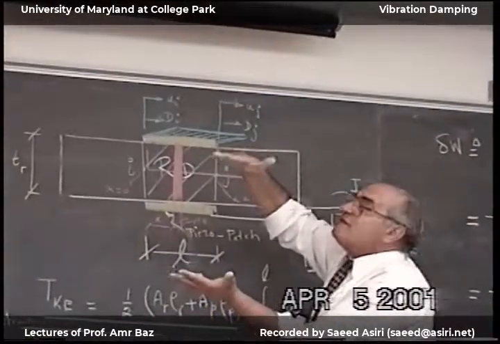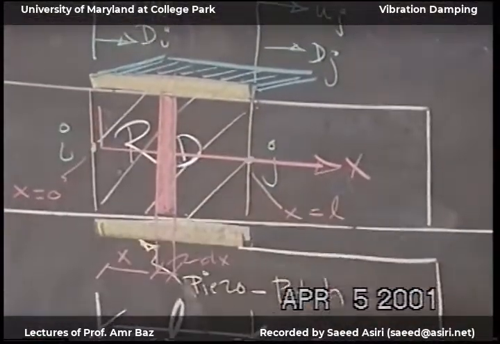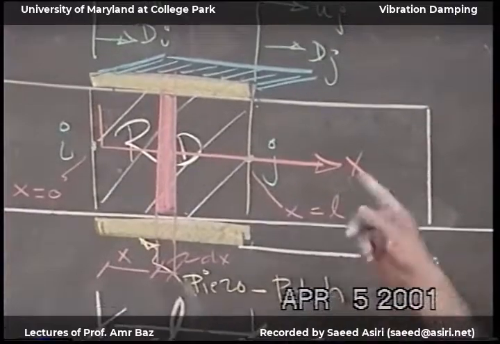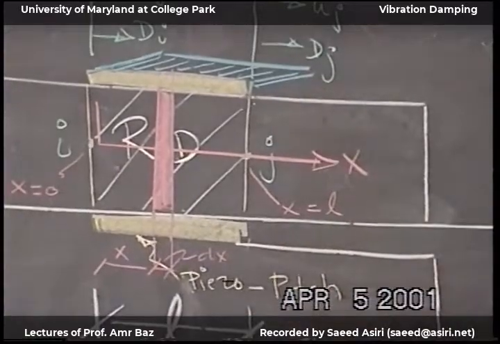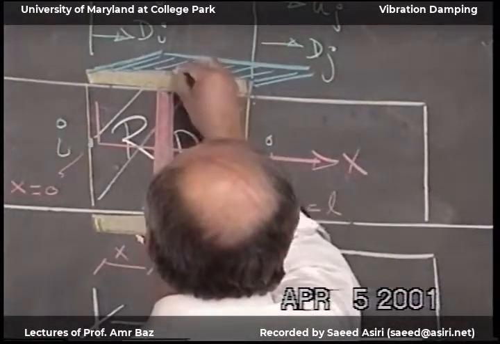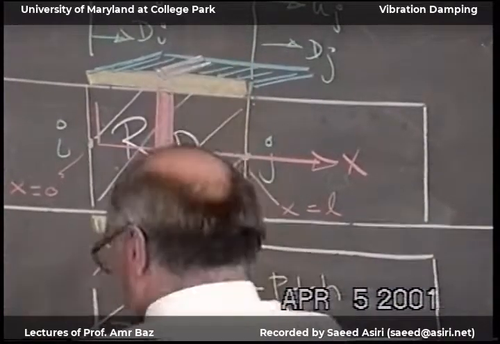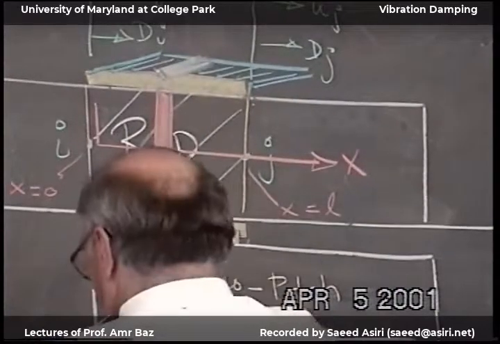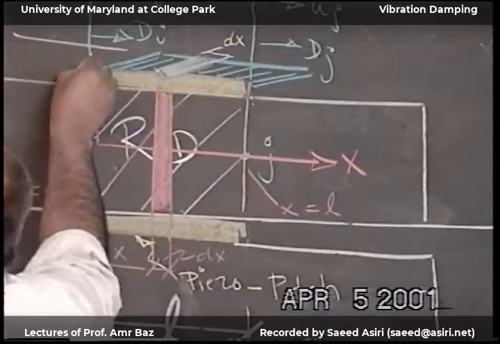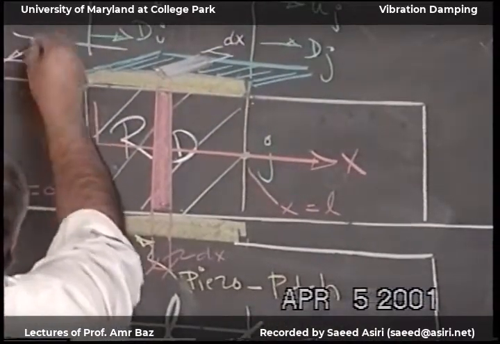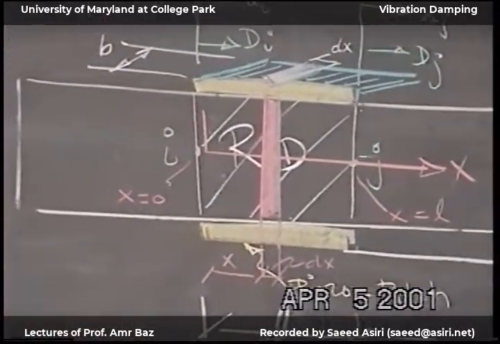The charge that we have is per unit area of the piezo surface, not the cross-section area. Sorry, the dA, we have to do it like this. This is dx, and this is b. So I'm going to take the A and replace it by b dx.